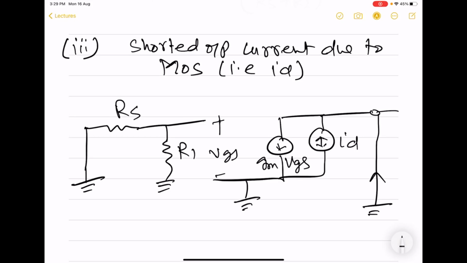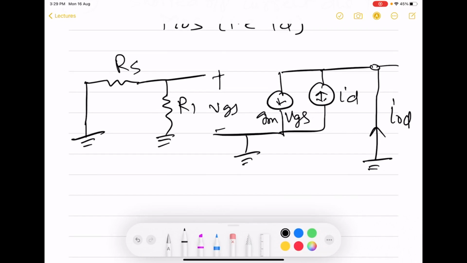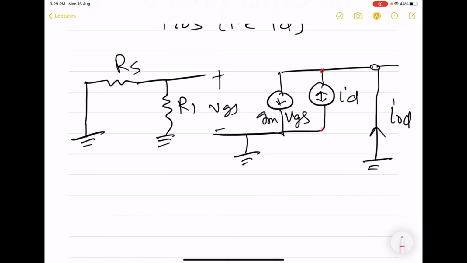Here we will call this IOD. The one end is already connected to the drain and the other end is grounded.